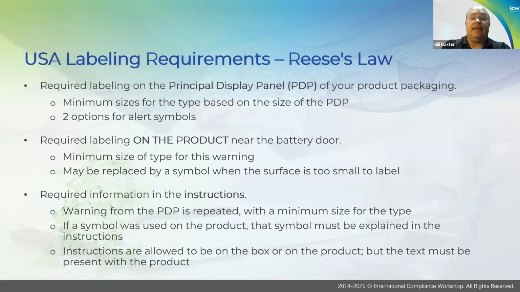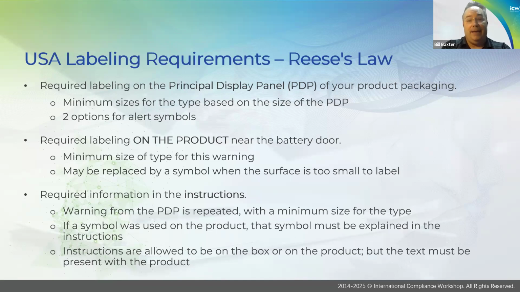There is a type size requirement, and that's based on the square inches of your principal display panel. So the bigger your box is, the bigger the warning is. And the number one complaint I get from most of my clients is, this is really big and ugly, and it's taking up a quarter of the front of my box.